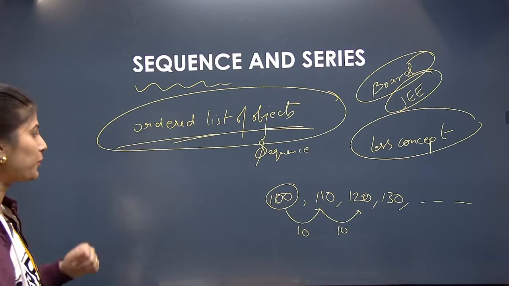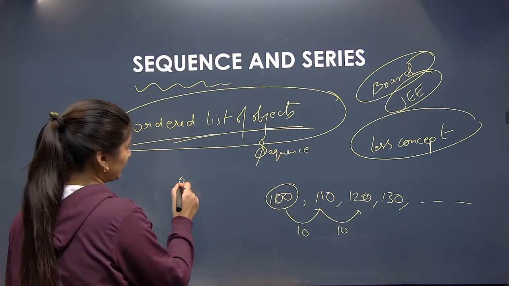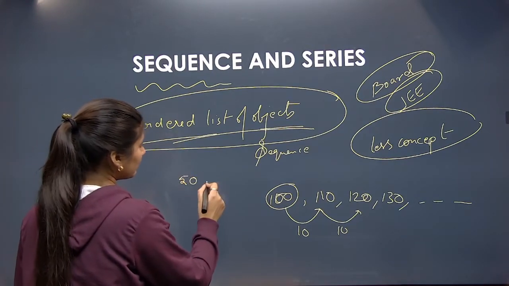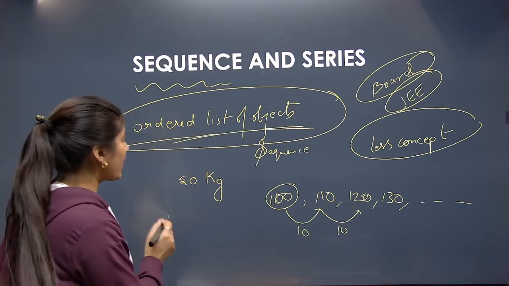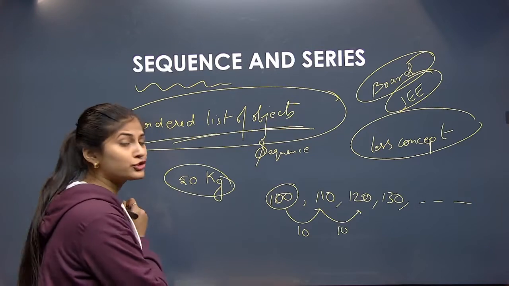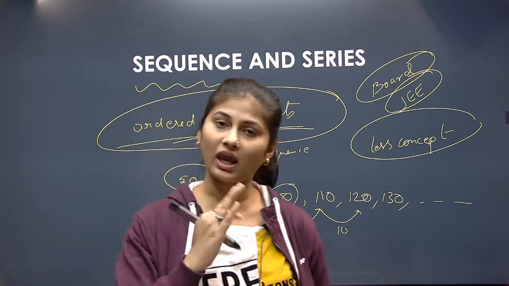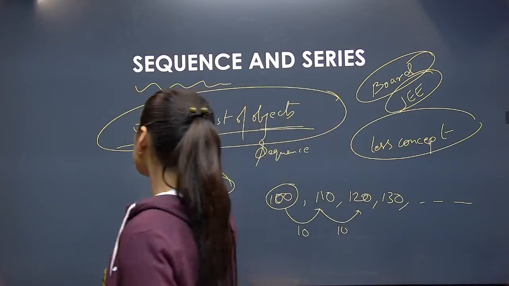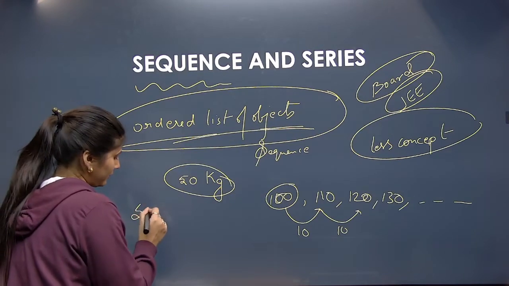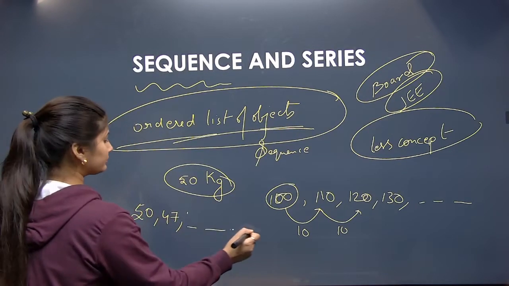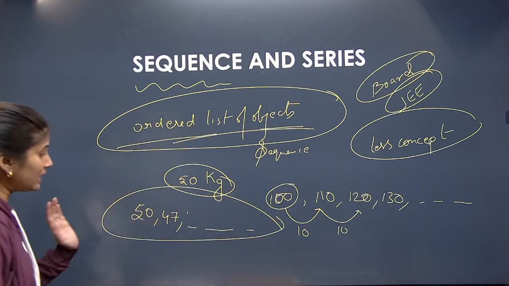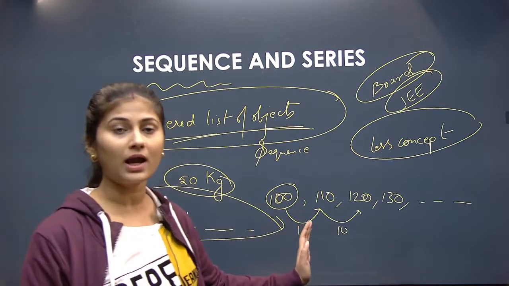Let us suppose that your weight is 50 kg and you want to reduce it by 3 kg every month. So the sequence should be 50, 47, like this. So you can see again this sequence is following an order.